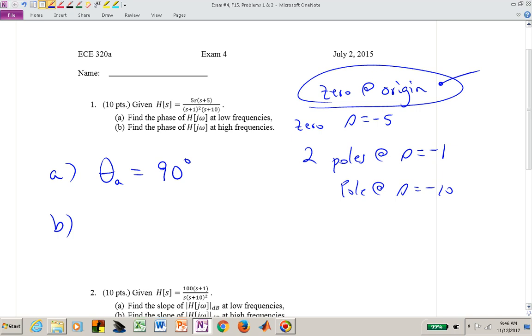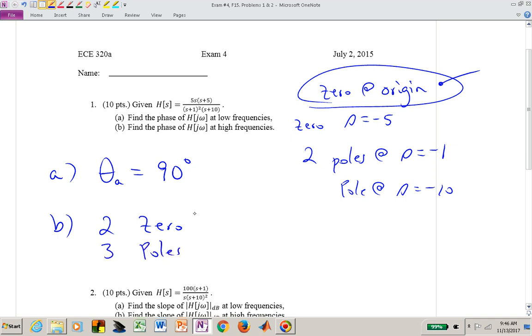Part B of problem 1, what's the phase at high frequencies? Now we're interested in everything that has already contributed all of its phase. All of these factors have to have contributed their phase. So in this case, we have 2 zeros net, and we have 1, 2, 3 poles.